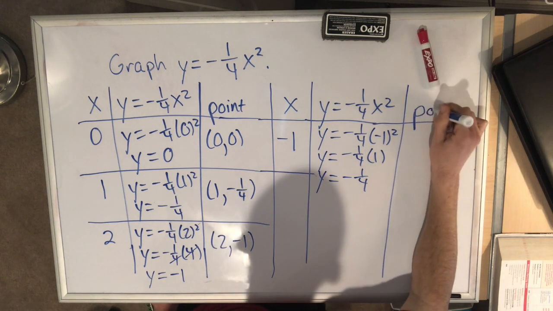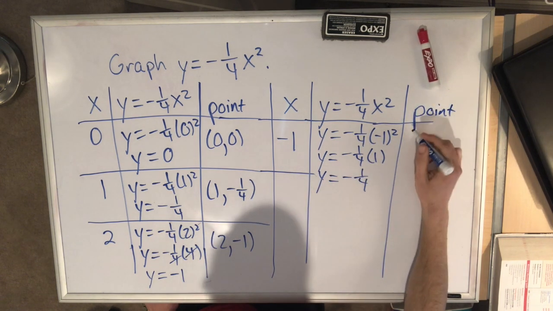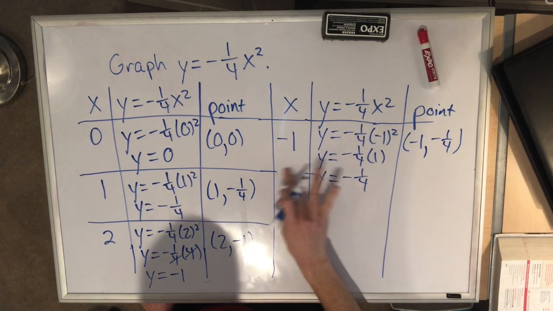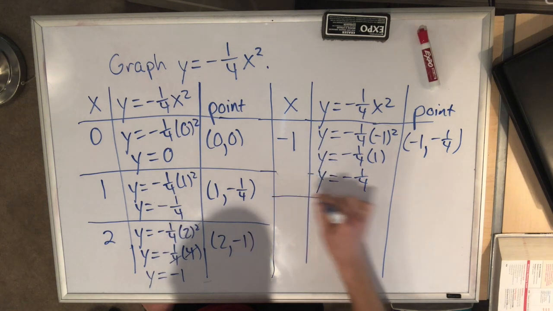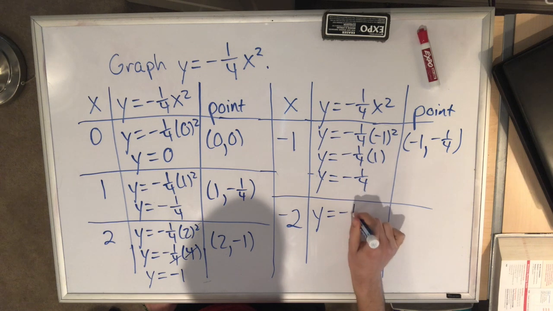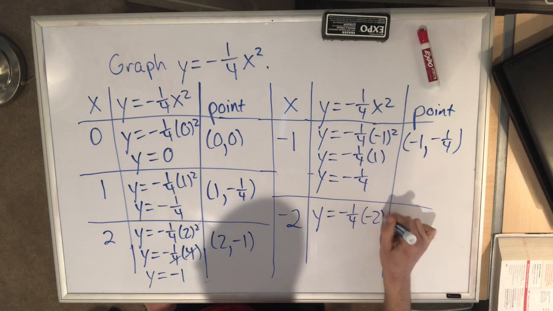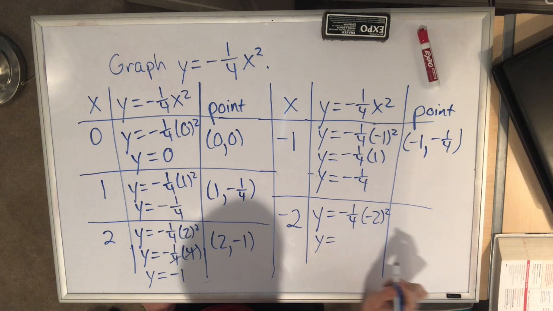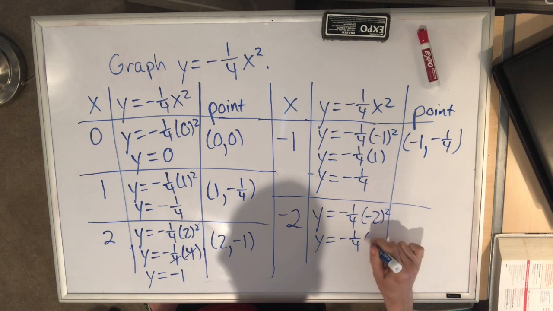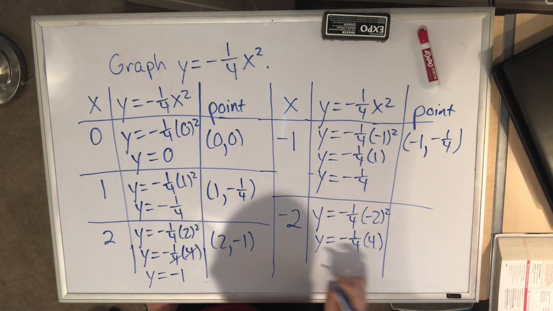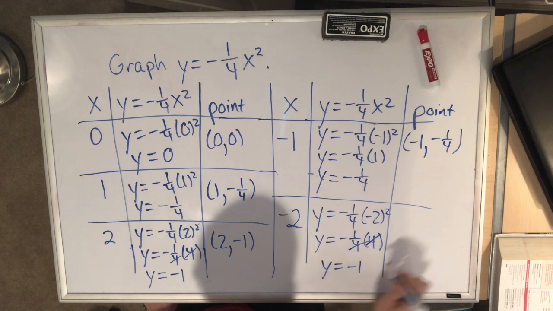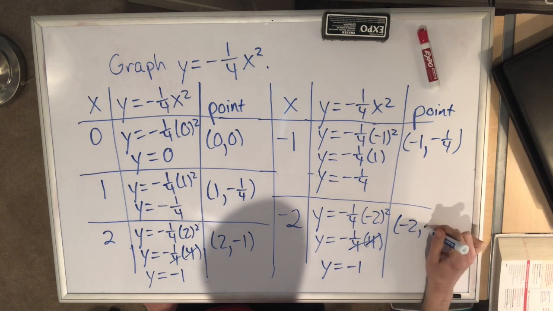So that gives us the point negative 1, comma, negative 1/4. And then finally substituting in negative 2 for x, y equals negative 1/4 times negative 2 squared. We'll get y equals negative 1/4 times 4. 4 on top cancels out with 4 on the bottom. We get y equals negative 1, so the point negative 2, comma, negative 1.